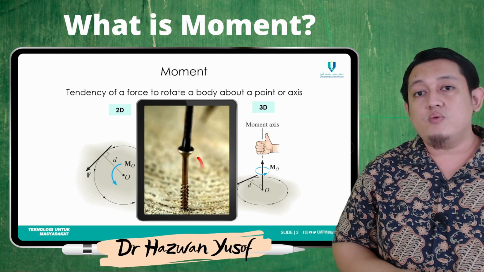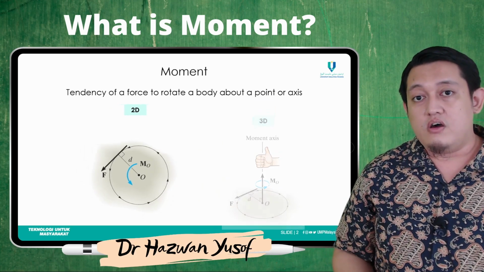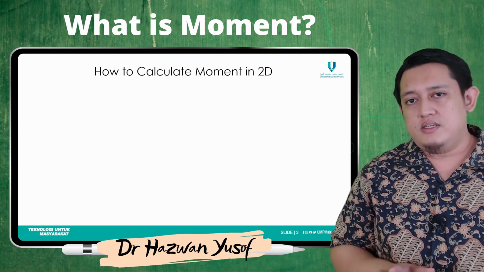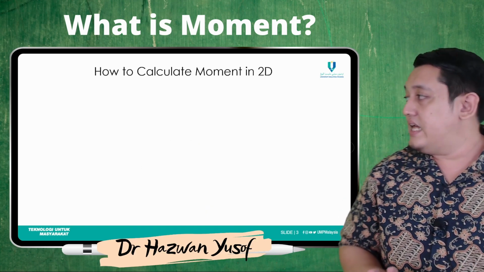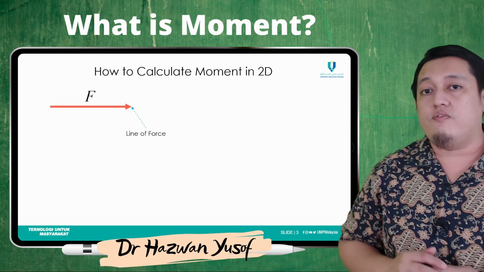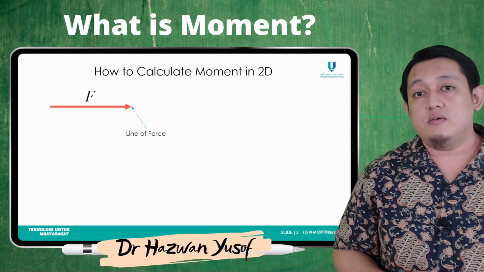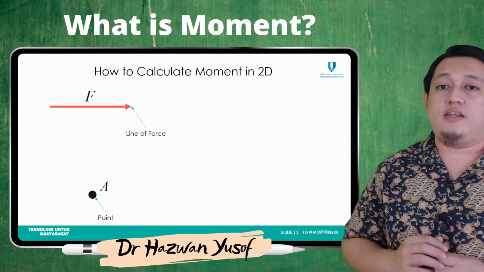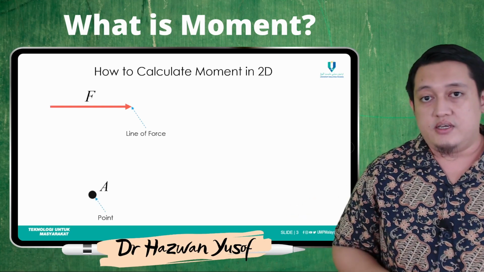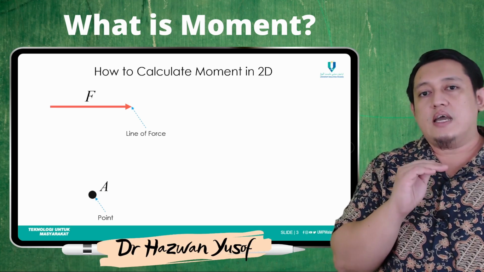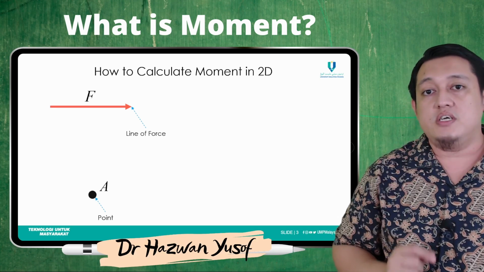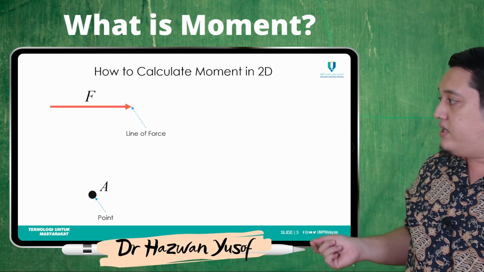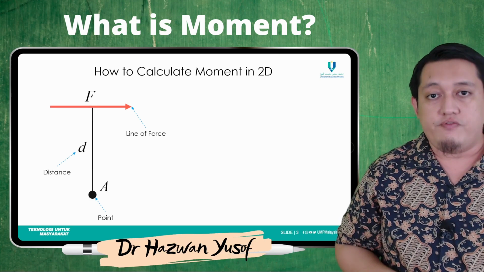In this lecture, we are going to be focusing first on 2D. How to calculate the moment in 2D? First, let's take a look at this line of force here. When we want to calculate the moment in 2D, we are calculating about a point. Let's say we have point A here. To calculate a moment, we need the information of distance. This distance must be from the point up to the line of force.